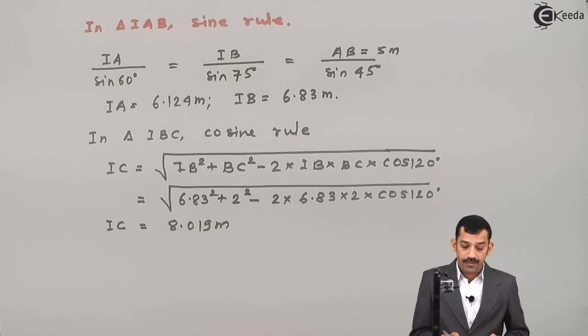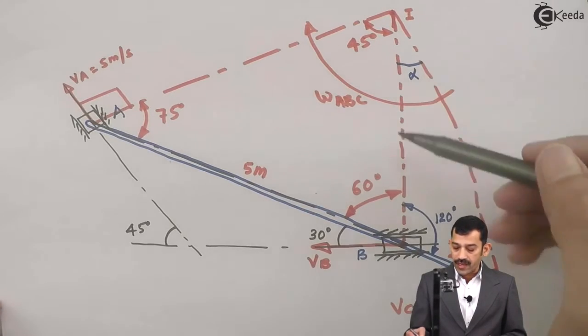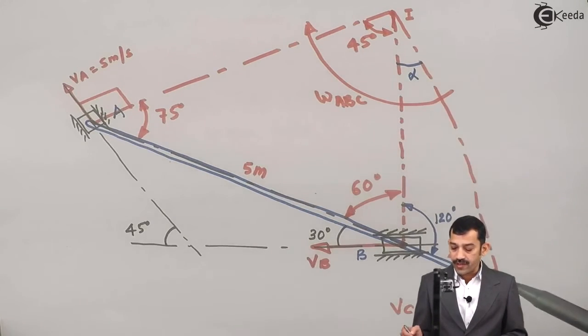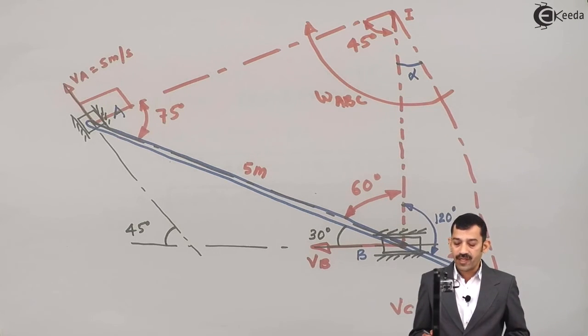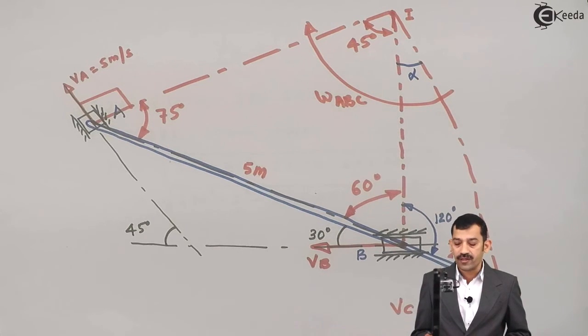Now inclination alpha you have to find out. In triangle IBC, you know length IC, you know length IB, and you know length BC. As we know all three lengths and this angle 120 is also known, to find out angle alpha we'll use sine rule.